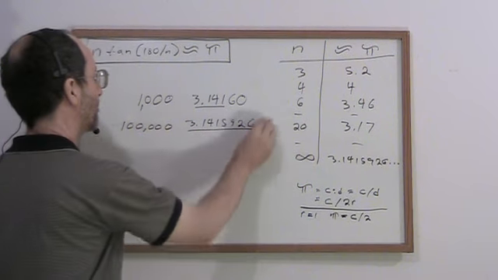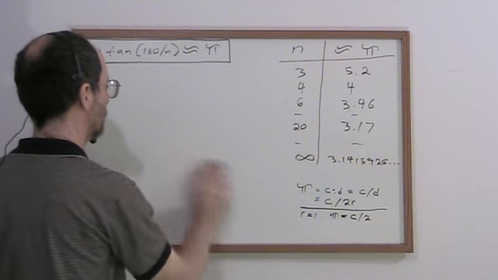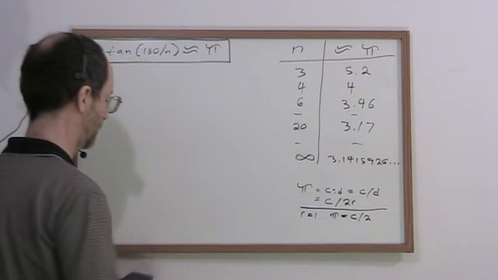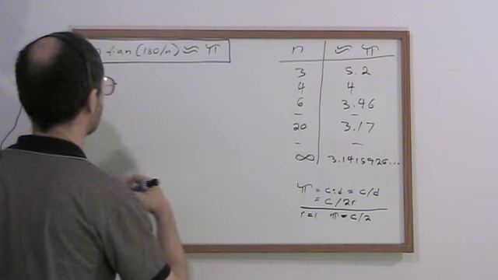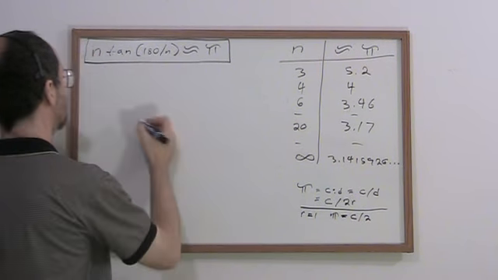Now, for a more mathematically rigorous definition of pi, we can define the exact value of pi as a limit.